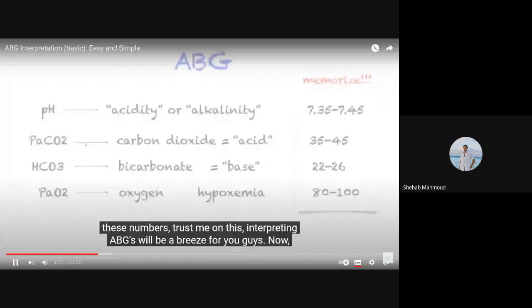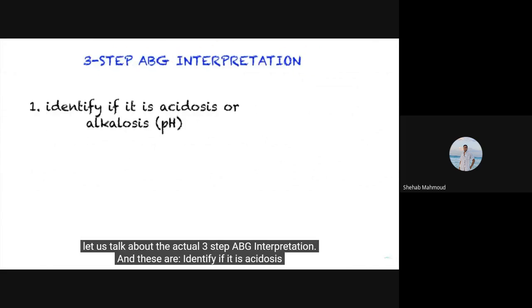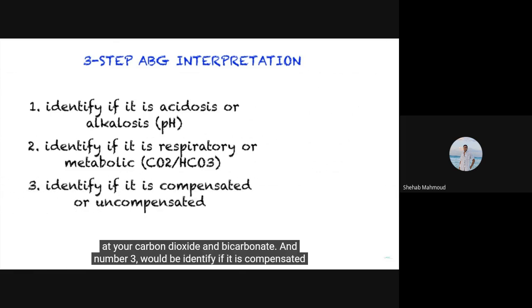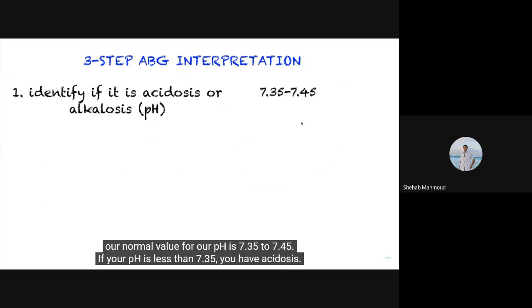Now, let us talk about the actual 3-step ABG interpretation. Identify if it is acidosis or alkalosis by looking at your pH. Identify if it is respiratory or metabolic by looking at your carbon dioxide and bicarbonate. And number 3 would be identify if it is compensated or uncompensated. First step is identifying whether it is acidosis or alkalosis. Our normal value for pH is 7.35 to 7.45.